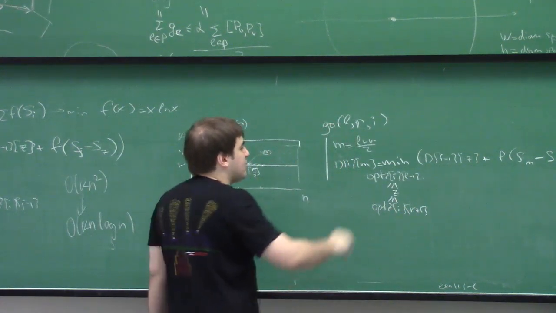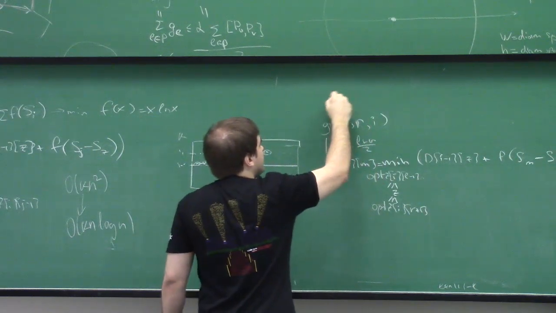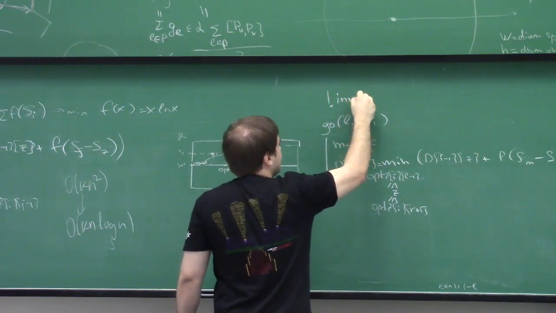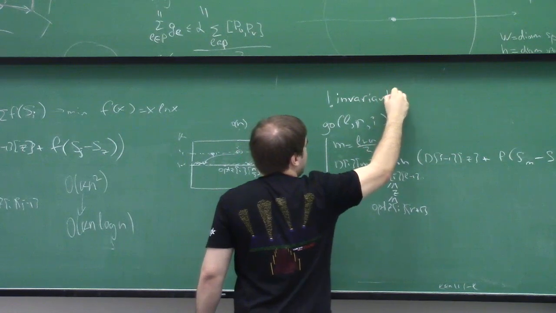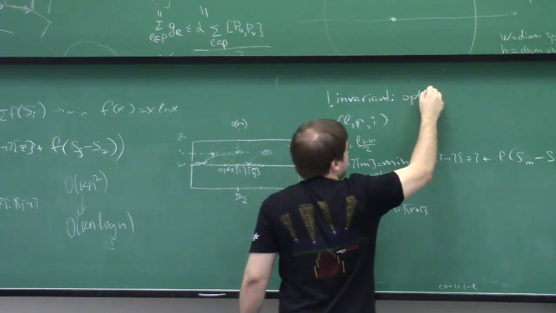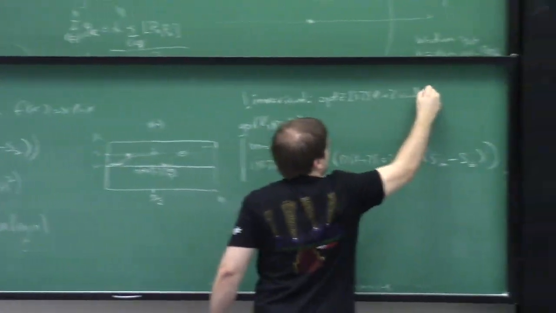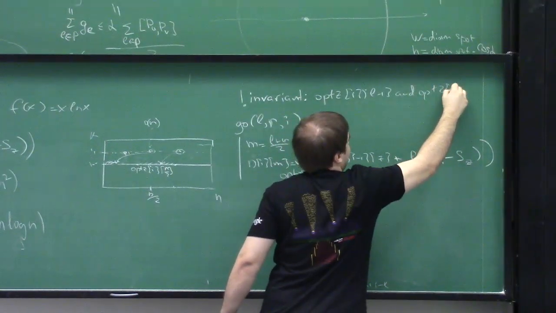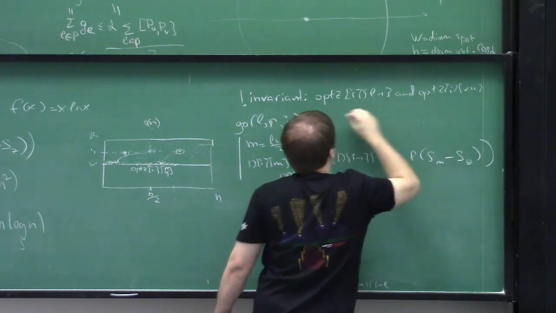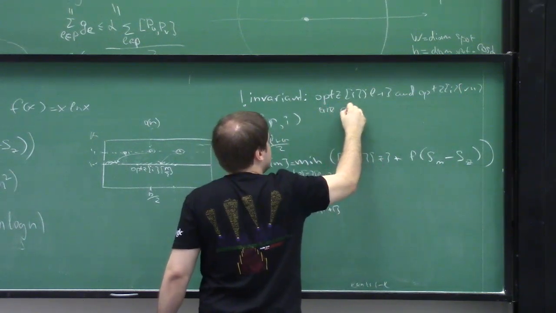It is an invariant of our procedure that opt z of i, L minus 1 and opt z of i, R plus 1 are calculated by this moment.